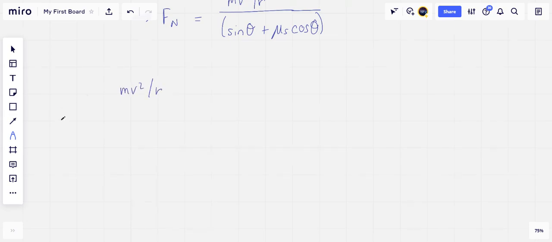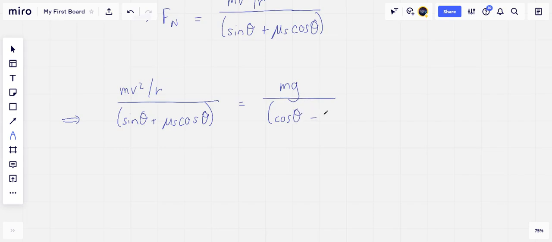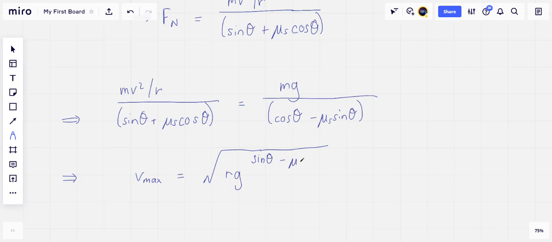So we have mv squared over r all divided by sine theta plus mu s cosine theta is equal to mg divided by cosine theta minus mu s sine theta, which means that by rearranging we get the speed Vmax to be the square root of r times g times sine theta plus mu s cosine theta divided by cosine theta minus mu s sine theta.